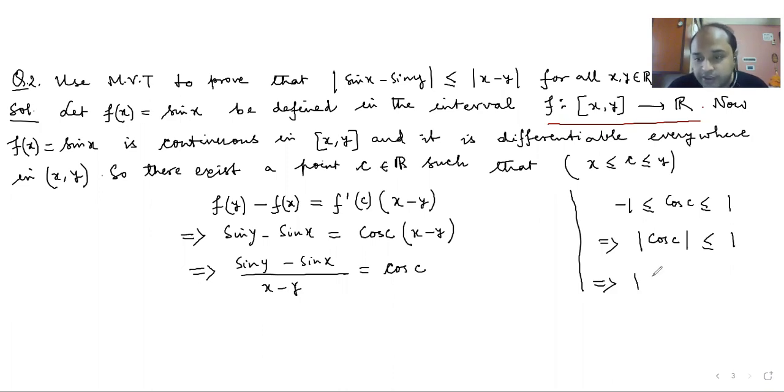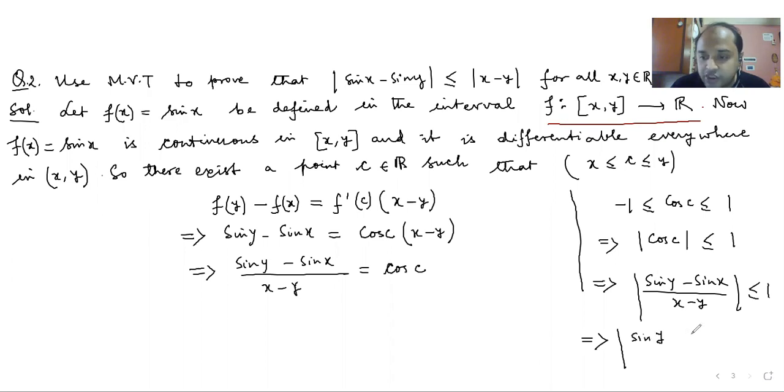So we can put the expression inside that, and it doesn't matter if I change the direction. It doesn't matter if I write sine x first and sine y second, because it is inside the modulus symbol. So I have just interchanged these two, which is less than or equal to 1.